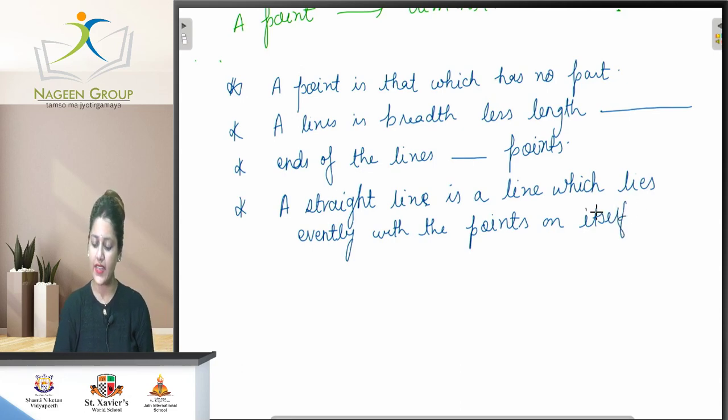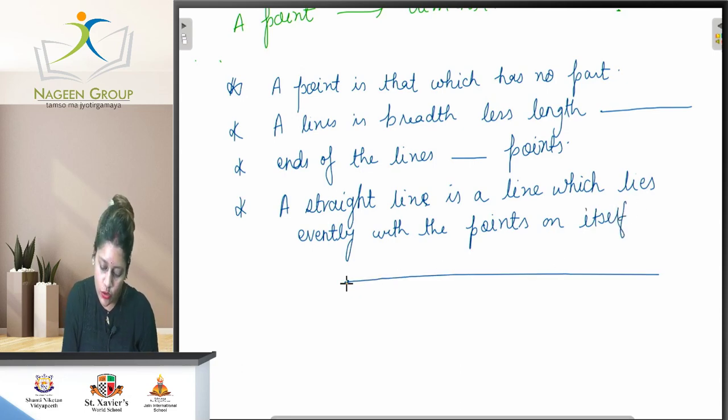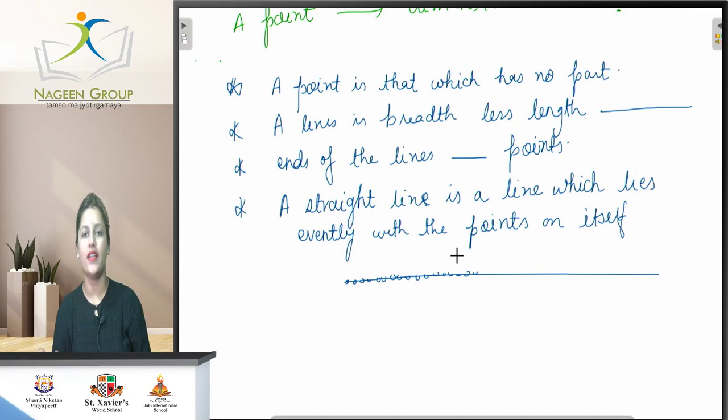It means a line is made of so many points. When many points join together, they form a straight line.